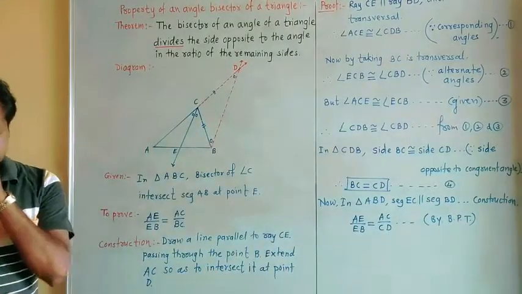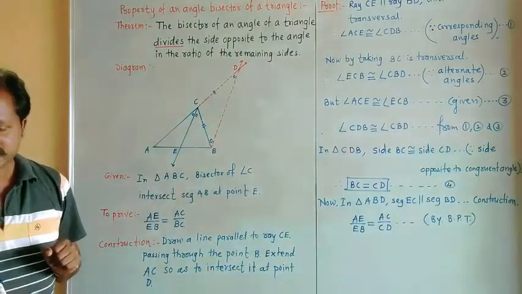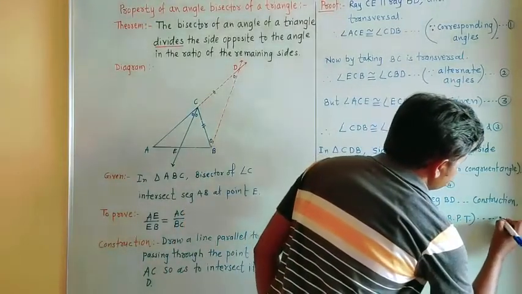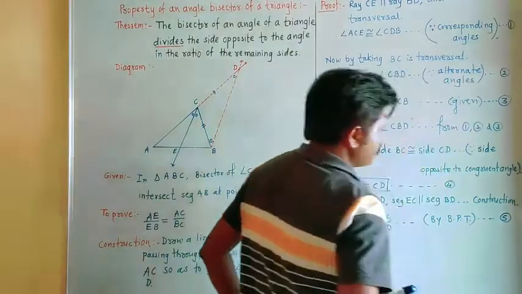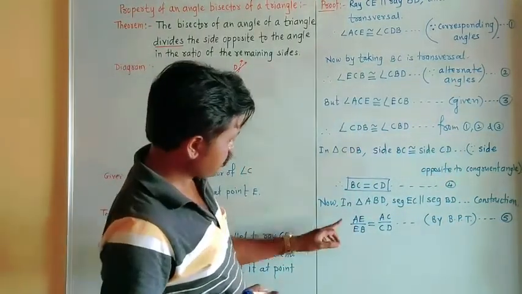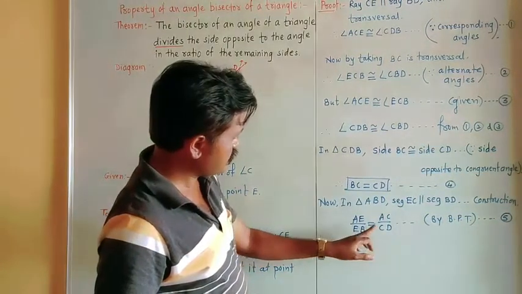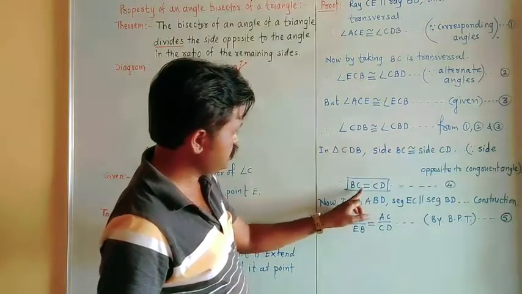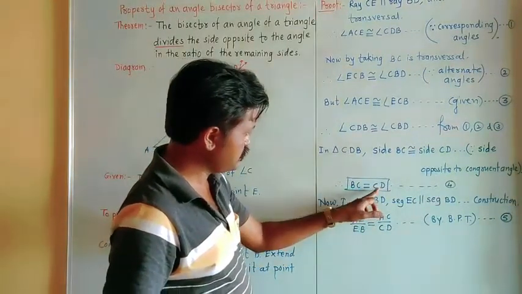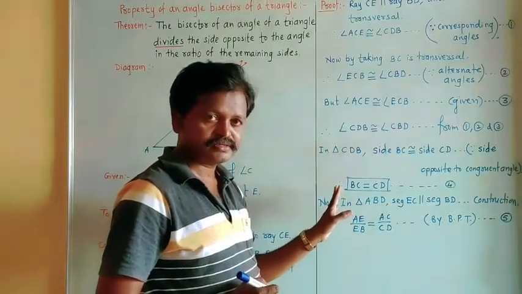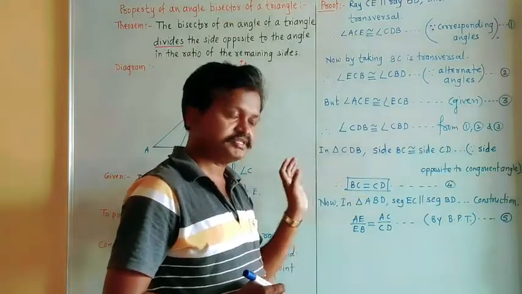But that is statement number 5. Now in this, look here, AE upon EB and AC upon CD. For this CD, note that BC is equal to CD, so for this CD we write BC.